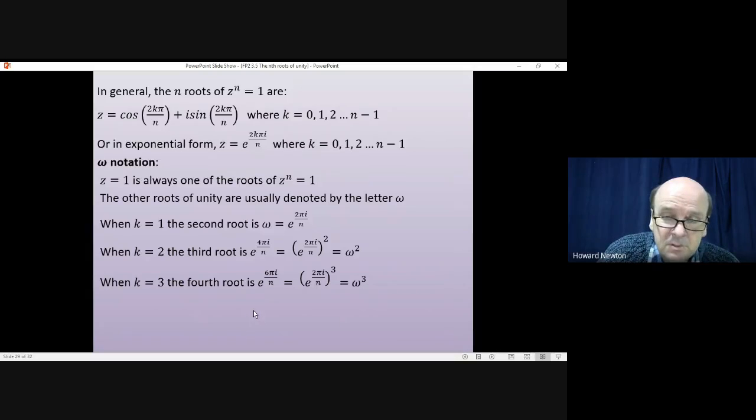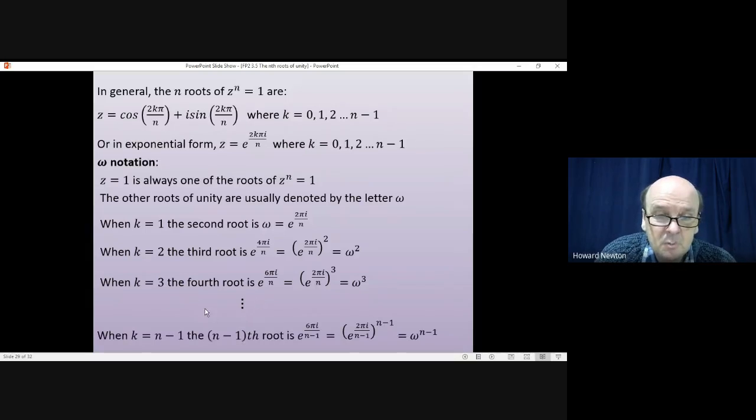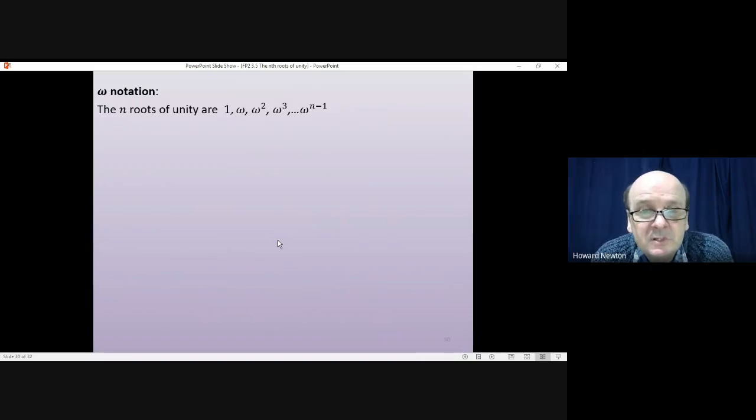The fifth root will be omega to the power of 4, and so on, until we get to the last root, which will be the nth root, equal to omega to the power of n minus 1. So omega notation. The n roots of unity are normally written down as 1, omega, omega squared, omega cubed, leading all the way up to omega to the power of n minus 1, depending on whatever n is.